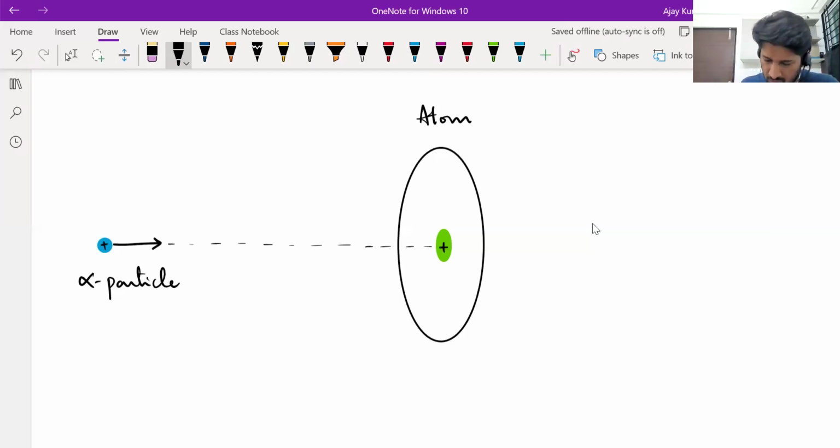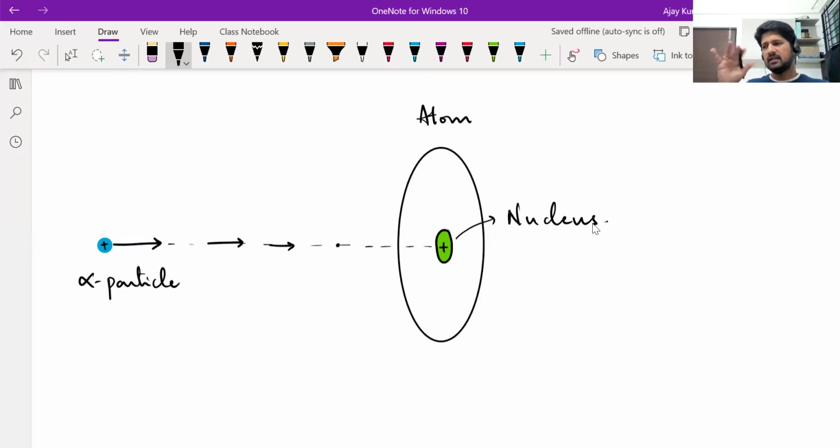The alpha particle will slow down further, stop at a certain distance, and then due to repulsion, it will go back along the same path. Now, this was found to happen with a very small fraction of alpha particles. So they concluded that all the positive charge that is there in an atom must be present in a very small region of the atom. And that small region of the atom is what was called a nucleus.